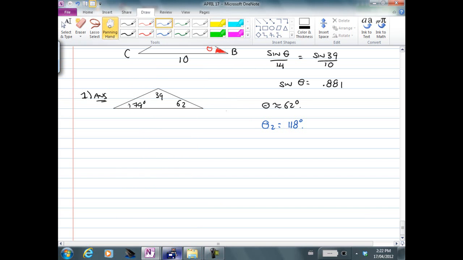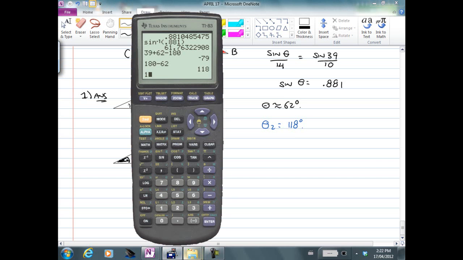I want you to draw another triangle. Is it possible for this angle to be 118 and yet you have all three angles? So draw it in. See, look what I'm going to do. I'm going to draw it in right now. If this is 39, this is 118, is it possible to get this missing angle? If it is, you have two possible answers. So let's calculate this right now. 180 minus 118 minus 39.